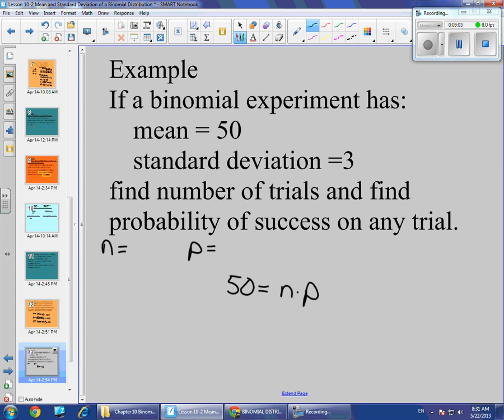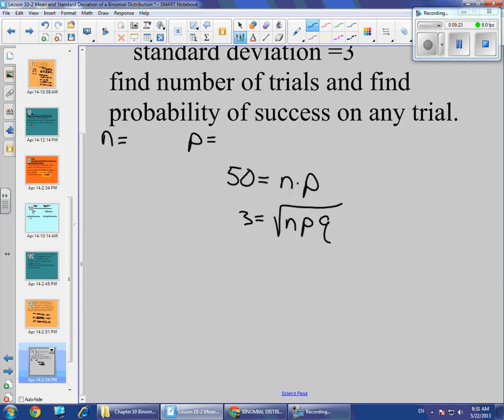They tell me the standard deviation is 3, so I know 3 equals the square root of npq. And now I have a system, and we have methods for solving systems. So I can basically use substitution. I'm going to put 50 in for n times p.